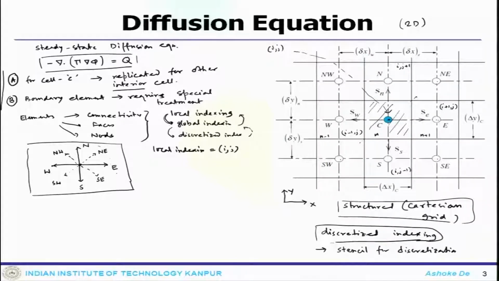Now, the distances. This Cartesian system shown in this particular case has uniform grid spacing.